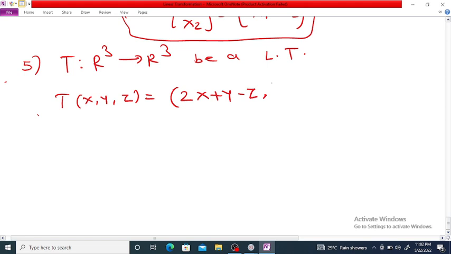Sorry, it is thrice x minus twice y plus 4z. It is a mapping from R cube to R square.